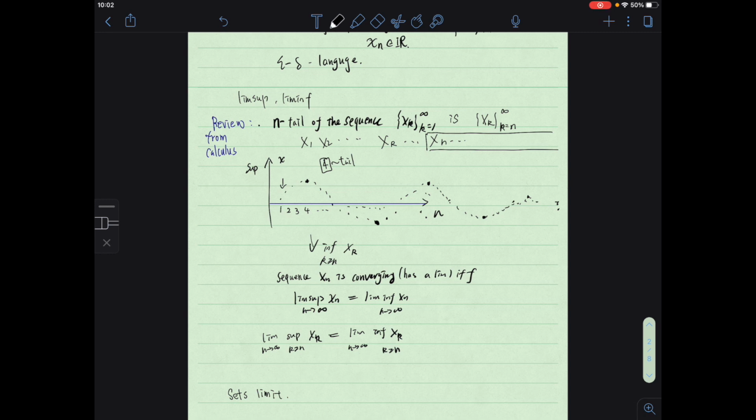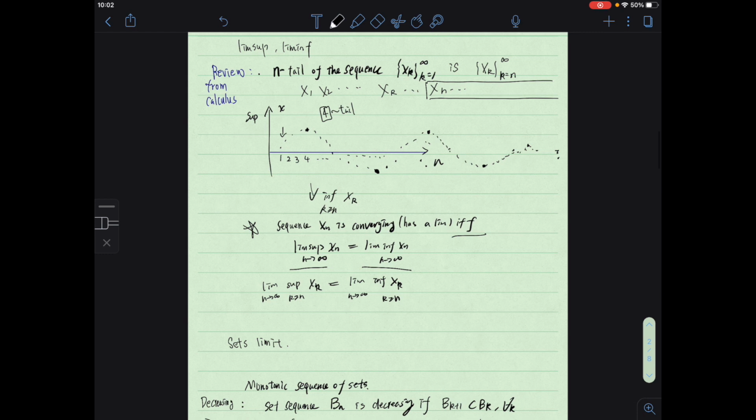And in calculus, we have a very important theorem which states that sequence xn is converging if and only if the limit superior of xn is equal to the limit inferior of xn. So if we put an emphasis on the n tail concept, then this is equivalent to saying the limit superior of the nth tail equals the limit inferior of the nth tail.